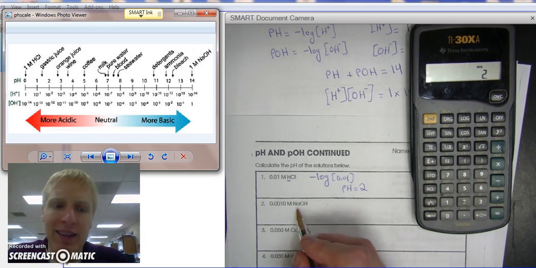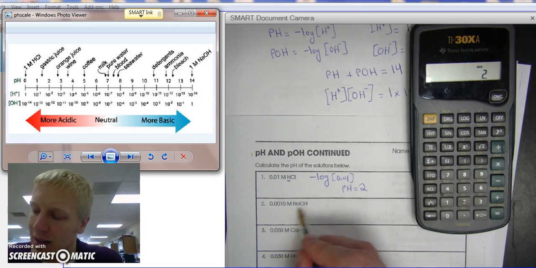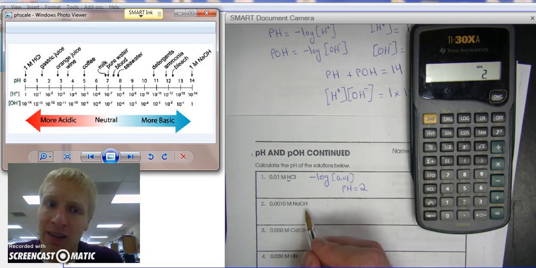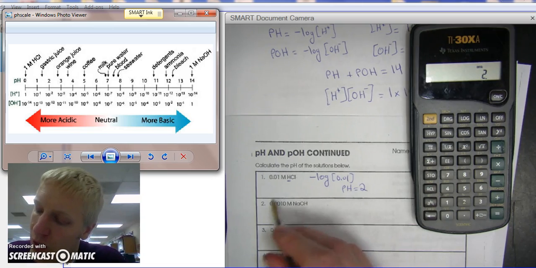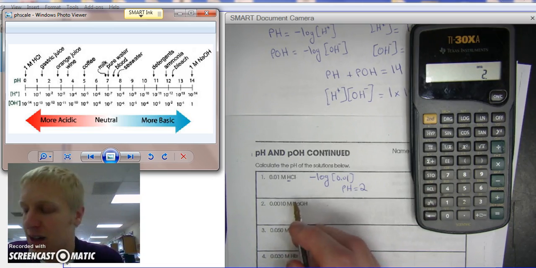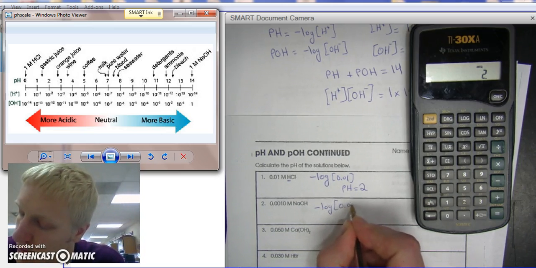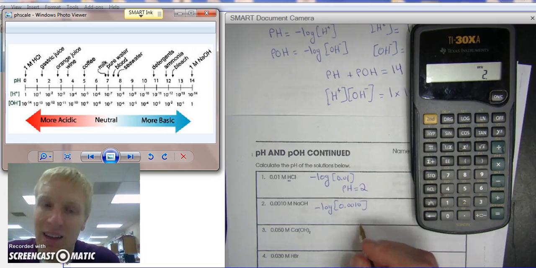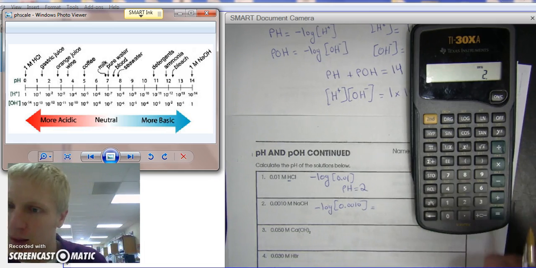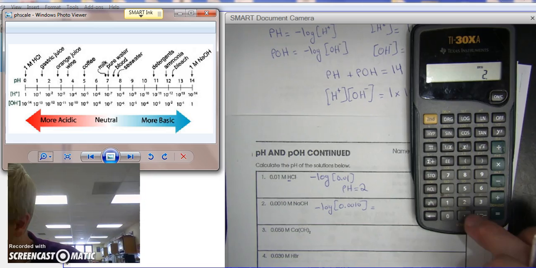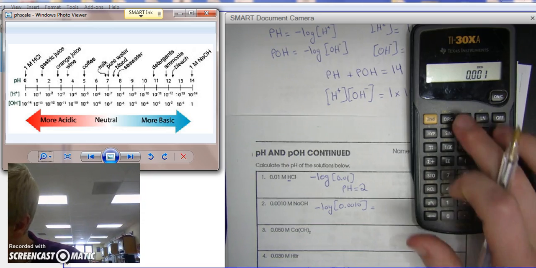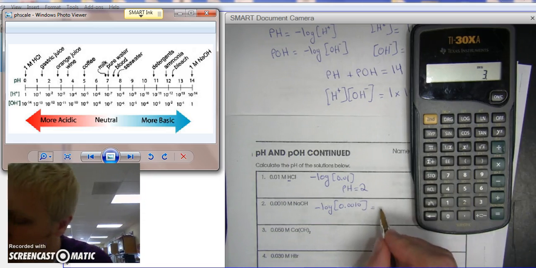Doing the second one, it's NaOH. And anytime I have an OH, it's a base. So if I have a basic concentration, that's like saying the OH minus concentration. So if I take the negative log of the OH minus, that's going to give me pOH. And again, I just do everything backwards. 0.001 log minus is 3.